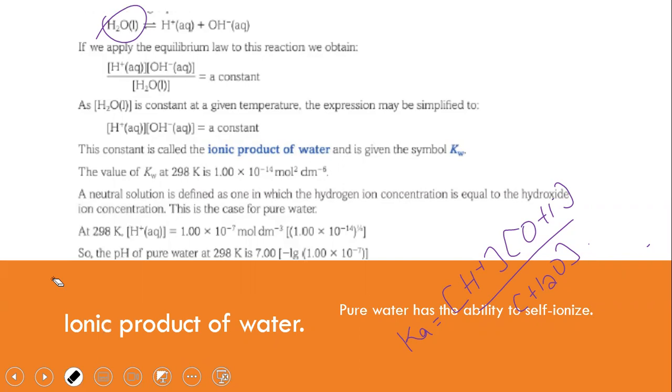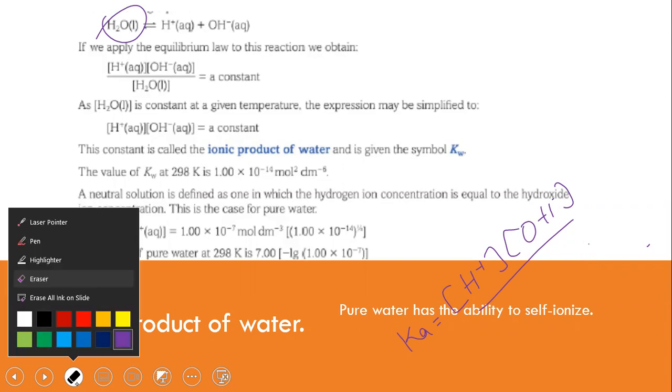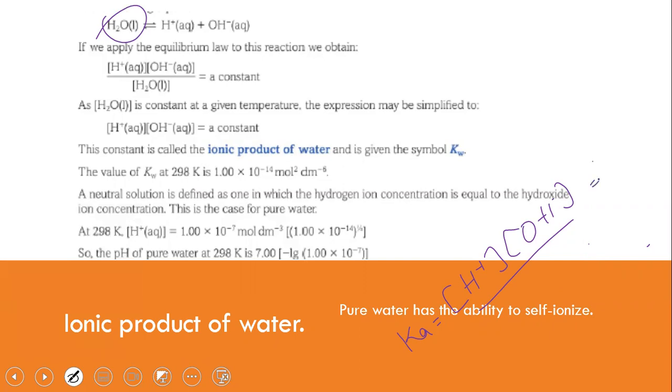If the concentration of water is constant, we can remove it from the denominator, right? So we will be left with the concentration of hydrogen ion multiplied by the concentration of hydroxide ion. This is equal to Kw. What is Kw? Ionic product of water.